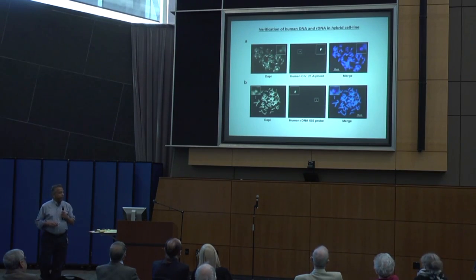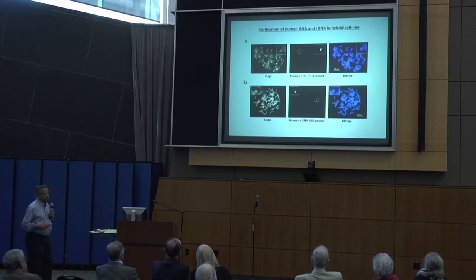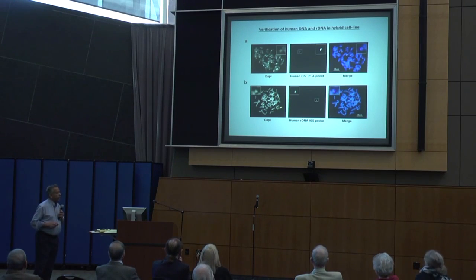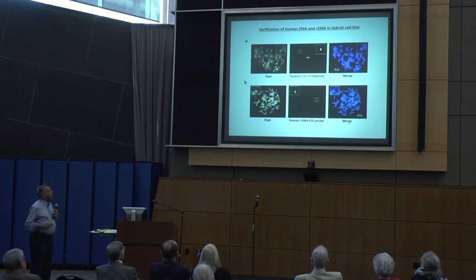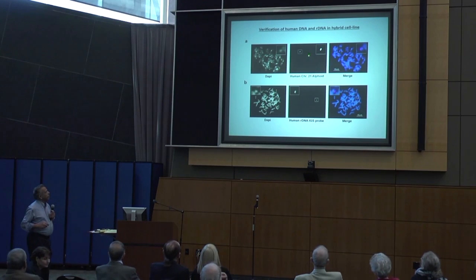Before we did that experiment, we wanted to make sure that the chromosome 21 hybrid cell line had the right DNA. Here we probe the cell line DNA spread on the slide, and then hybridize with a human-specific centromere sequence.